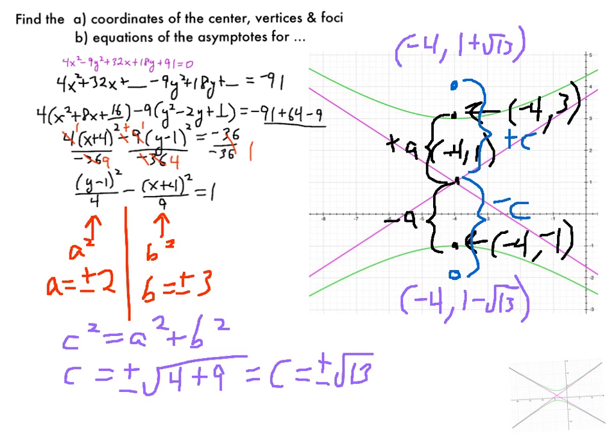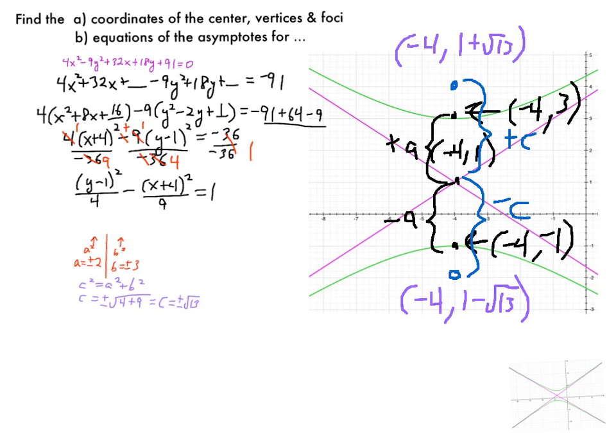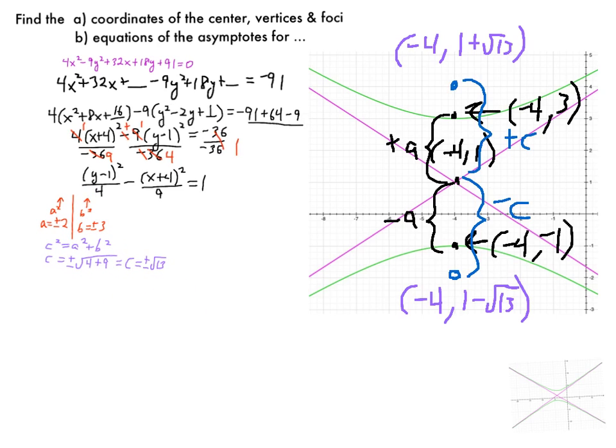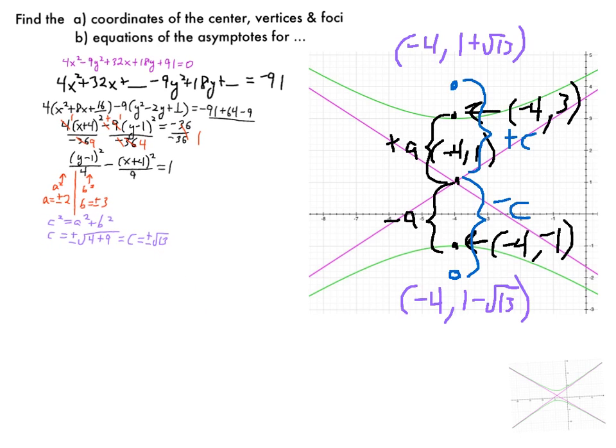Let's do that. So now, since it's oriented this way, the transverse axis is parallel with the y-axis. Well, we have y minus k equals plus or minus the slope times x minus h. h, k is the center.